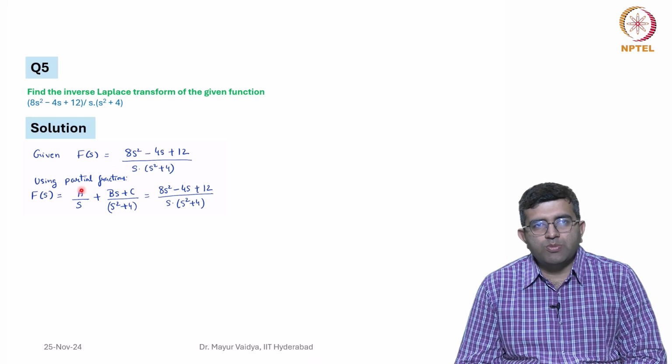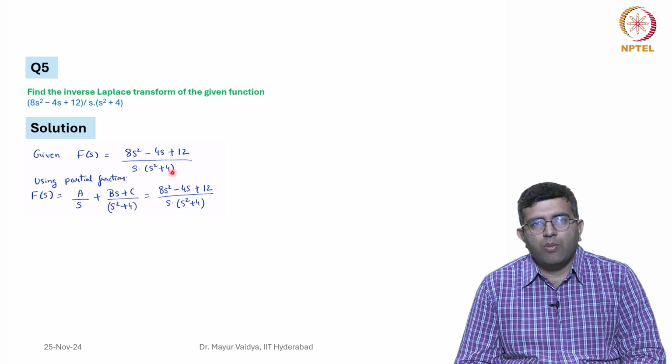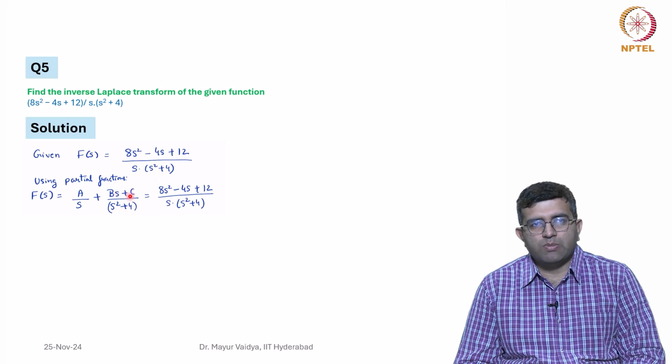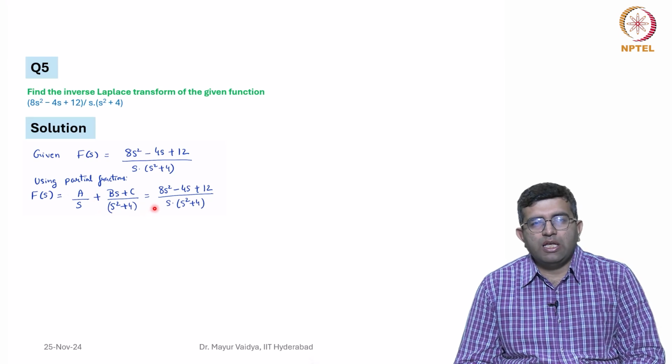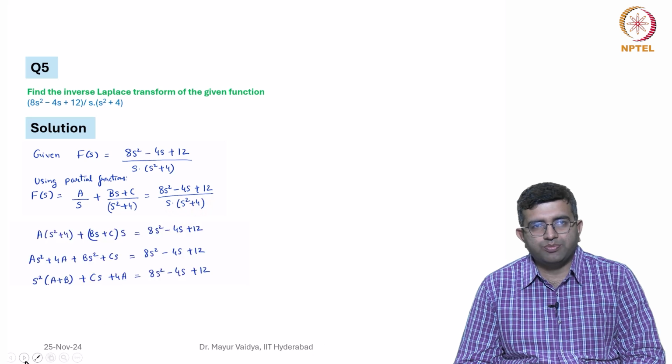How do you use partial fractions? Here, it is still s, so you simply write A by s, plus, whenever there is a quadratic expression, you write Bs plus C by s square plus 4. Suppose there were two quadratic expressions, this also would be something like As plus D. So, this is equal to 8s square minus 4s plus 12 divided by s into s square plus 4.